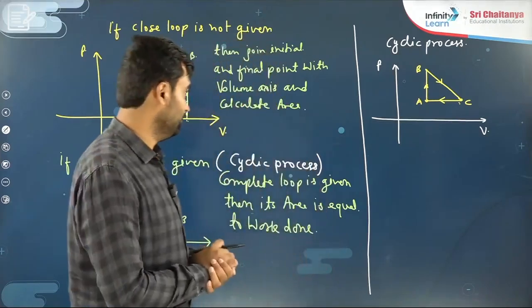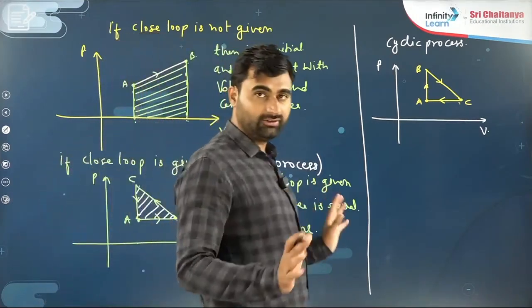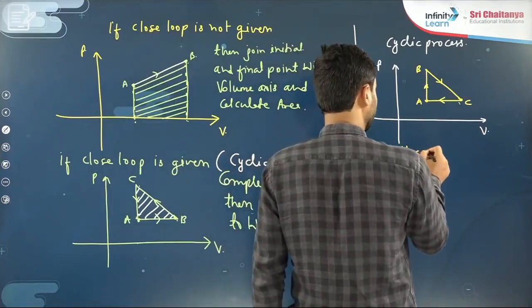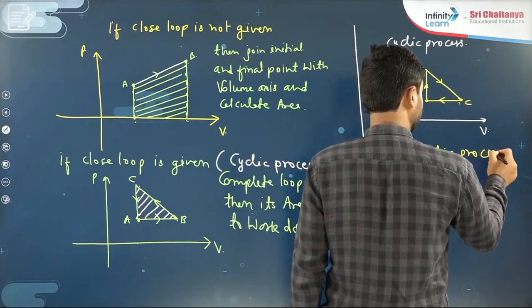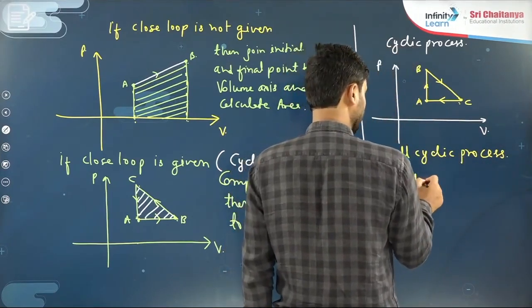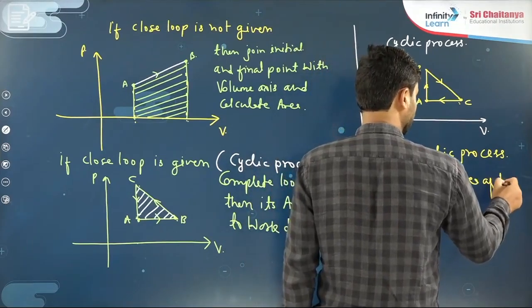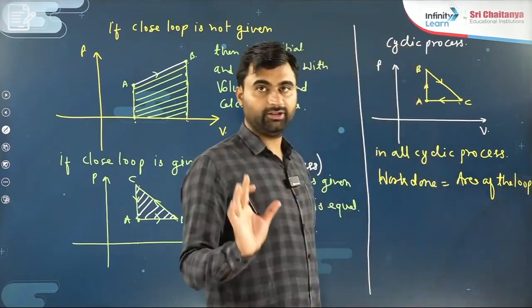So what you have to remember here, a very simple point: in all cyclic processes, work done is equal to the area of the loop, whether it is clockwise or anti-clockwise.